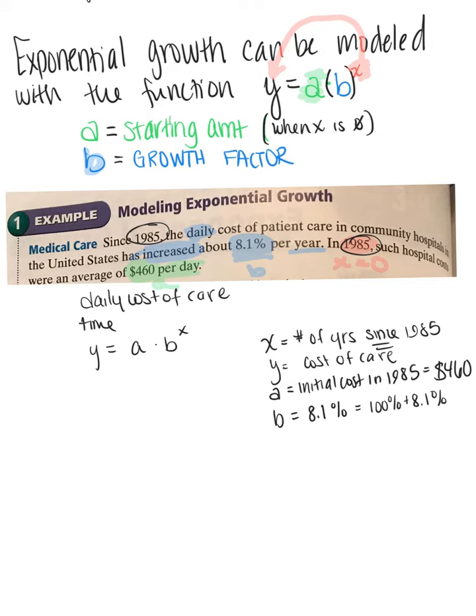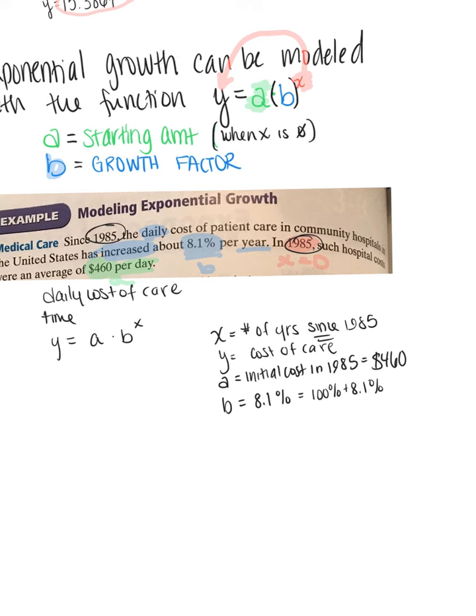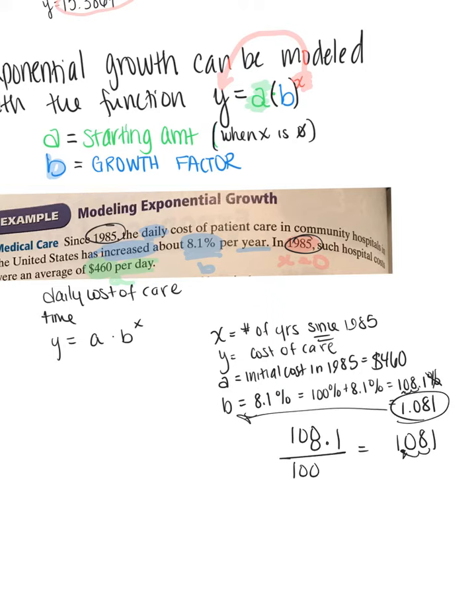So I end up with this b being something like 108.1%. And I need to convert this to a decimal. So I'm going to end up getting rid of my percent sign by moving the decimal 2 places. So I get 1.081. Remember that 108.1 over 100 means that I move my decimal 2 places. That's how I got this 1.081.